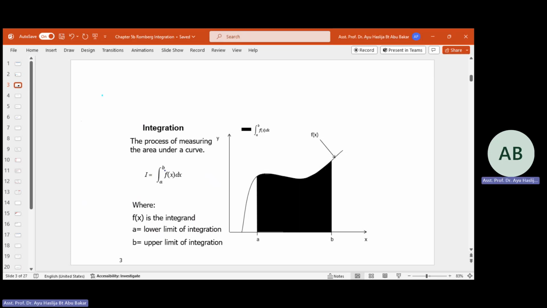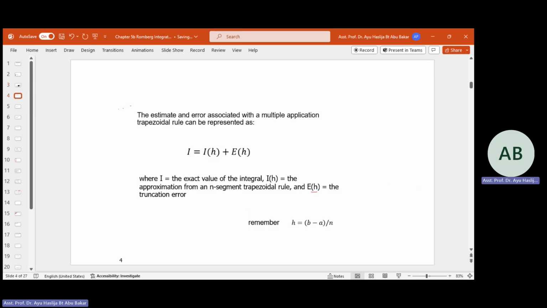Okay, last time we know when you have a function at a given range A and B, you will need to find the area under the curve. That is the integration. Now, in trapezoid and Simpson last time, to find the integration, we find the integration value using either trapezoid or Simpson, and then plus the truncation error.